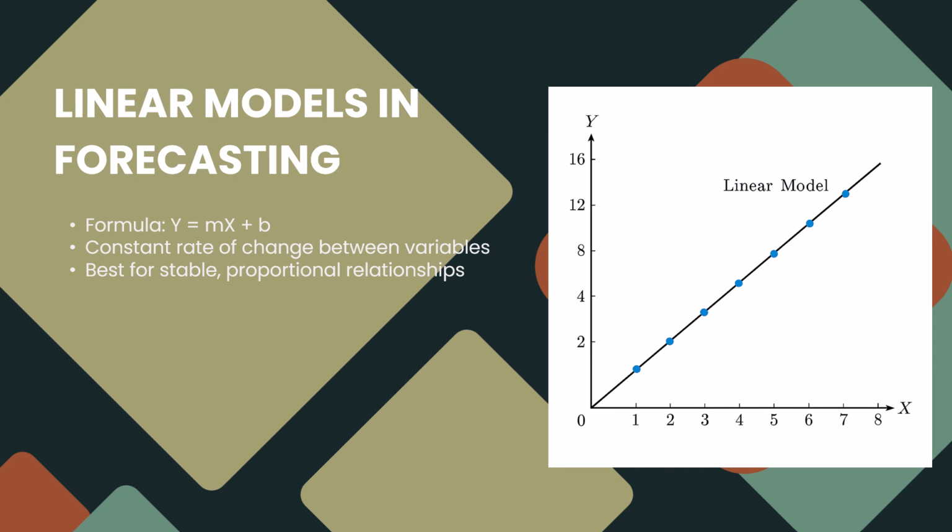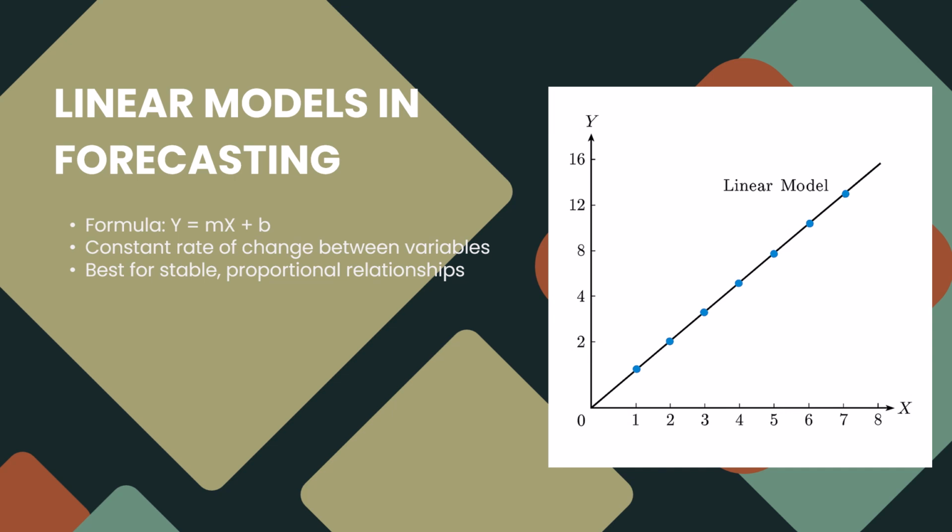In the graph zone, we see a straight line passing through all data points. This represents a perfect linear relationship, so each increase in x leads to a consistent increase in y. For example, every 1 unit increase in ad spend might consistently generate 2 more units in sales.